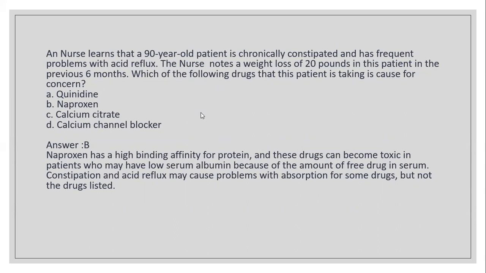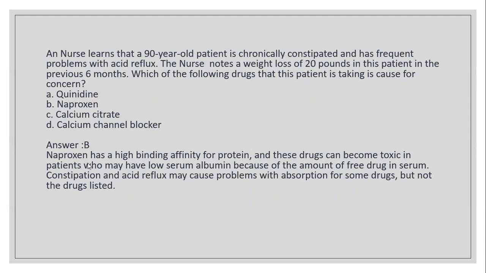Which of the following drugs that this patient is taking is a cause for concern? A, quinidine. B, naproxen. C, calcium citrate. D, calcium channel blocker. Answer: naproxen, number B.